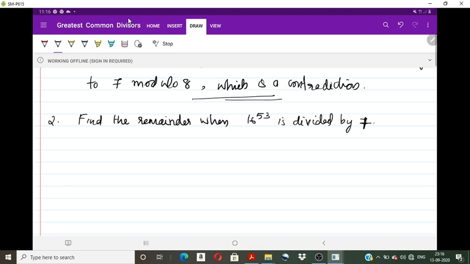First of all, we have to find the congruent number when 16 is divided by 7. We know that 16 is congruent to 2 modulo 7.